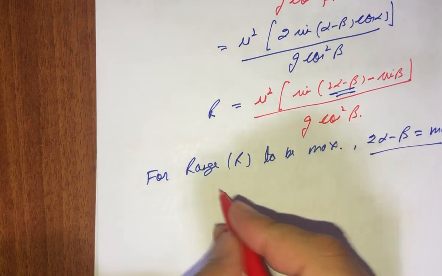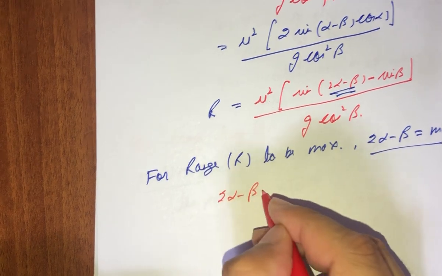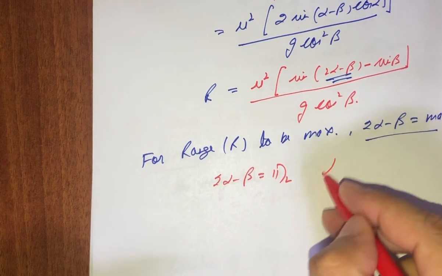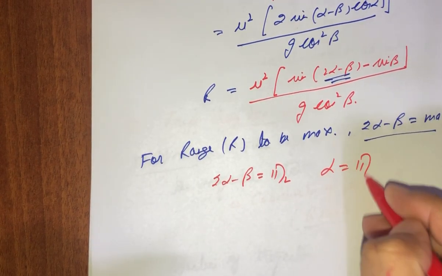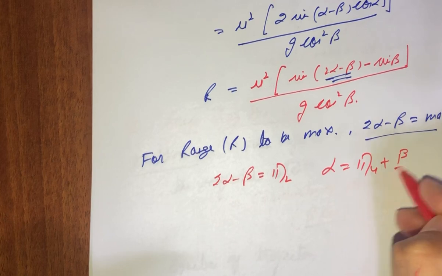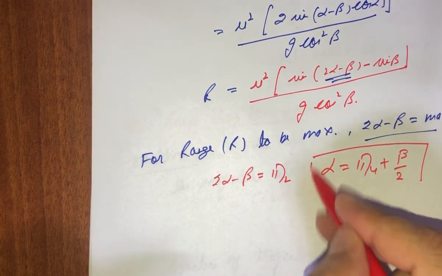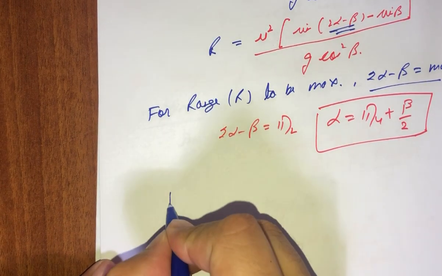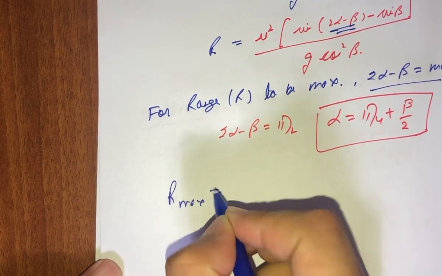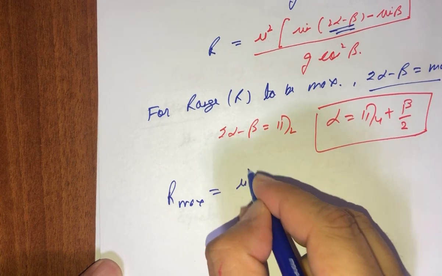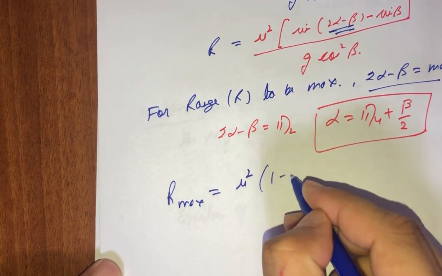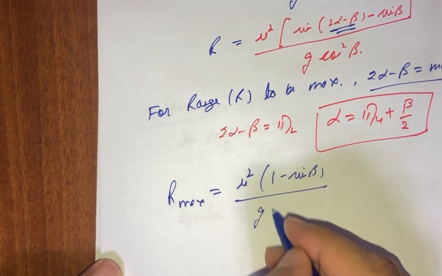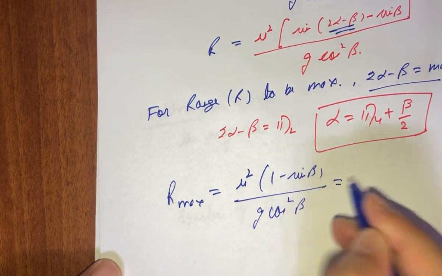Or we can say that 2 alpha minus beta should be equal to pi by 2, or we can say that alpha is equal to pi by 4 plus beta by 2. So if you put these values, we get range maximum is equal to u square, 1 minus sine beta, divided by g cos square beta.